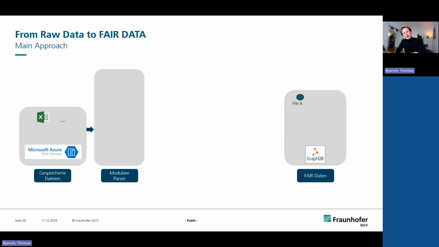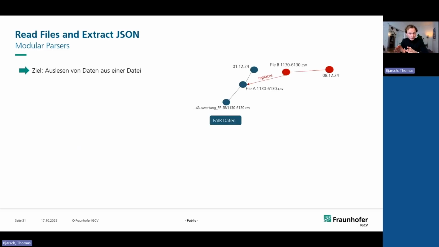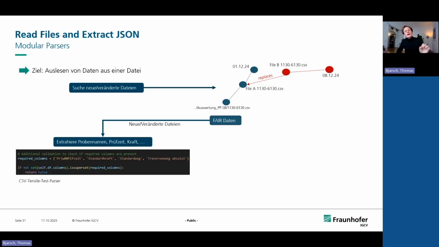After this, we have so-called parsers in this case. A parser actually reads in a file and outputs a JSON. That's all it does. So currently in the FAIR data, we have just the information about the files. So we also know which files have not been processed so far. So search for all files which are leaf nodes, more or less, and then try using those parser modules to read in and output a JSON.